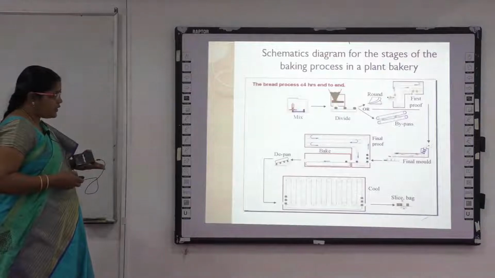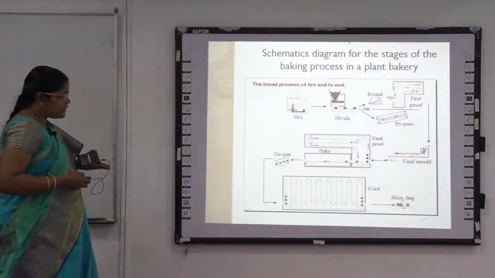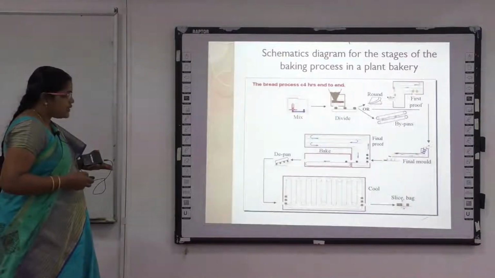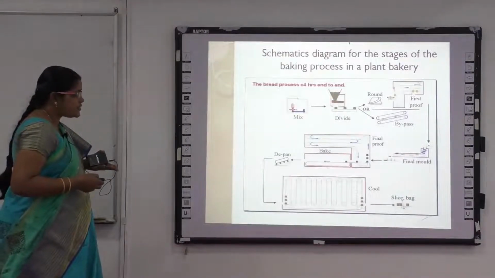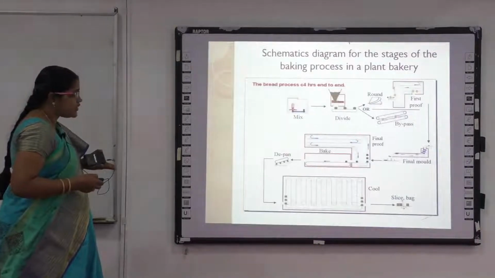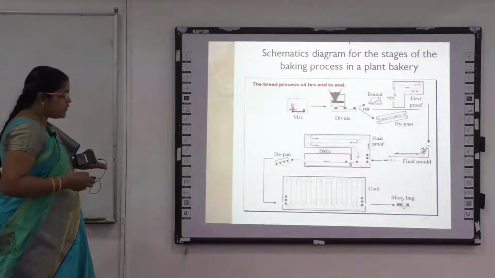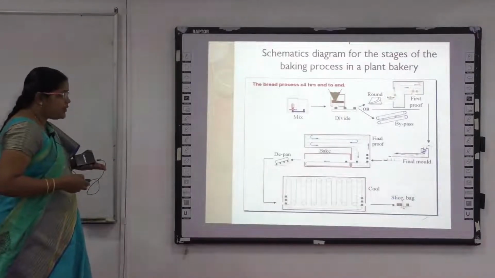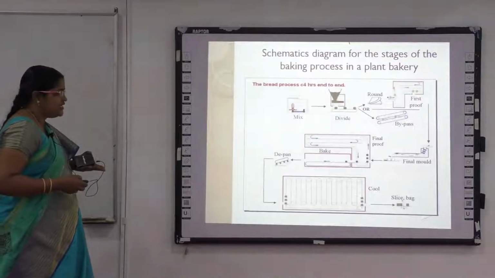The speed of the feed will be adjusted, and there is a piston attached with the blade. The piston speed will be adjusted in such a way that the dough coming out of the feed hopper will be cut into equal size cylinders.